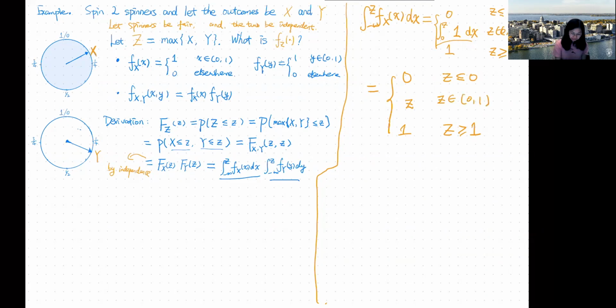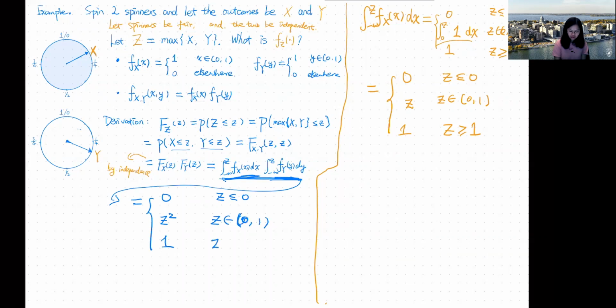And therefore, this quantity equals 0 if z is less than or equal to 0, and z squared because we got z here and also z here. So that's z squared if z is between 0 and 1, and 1 otherwise.